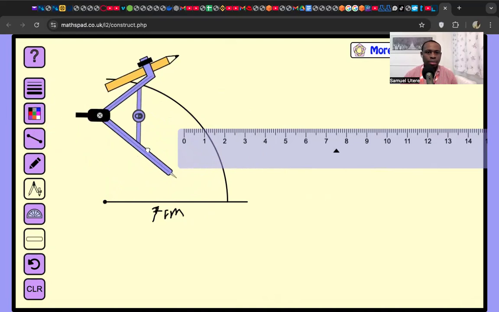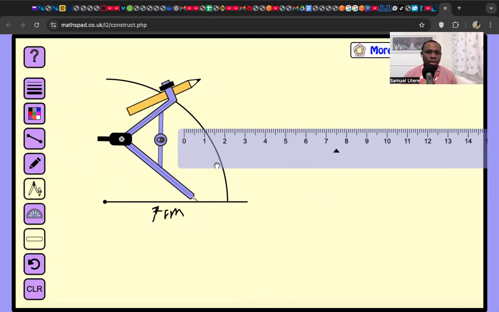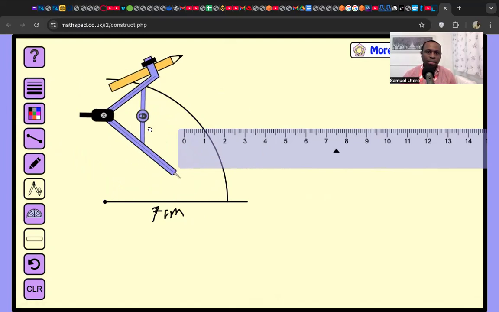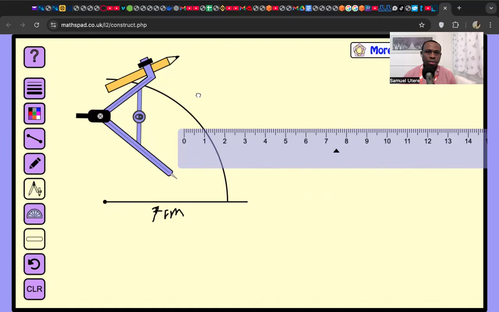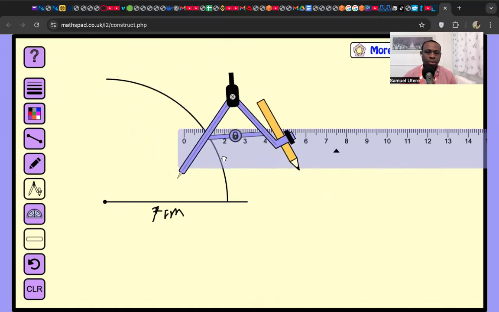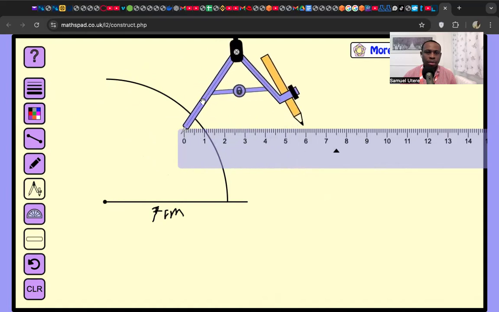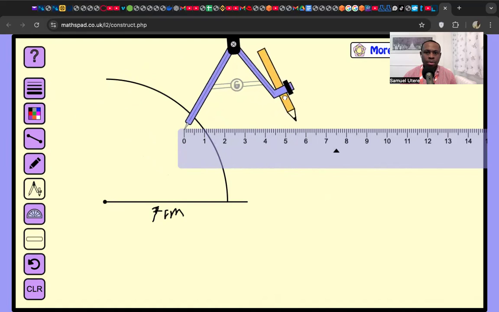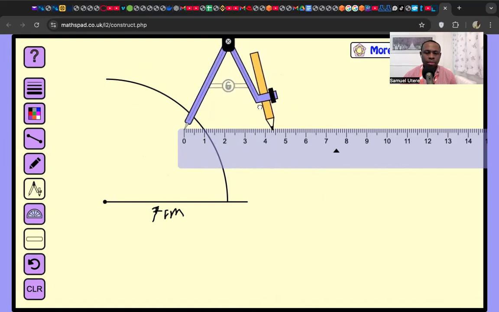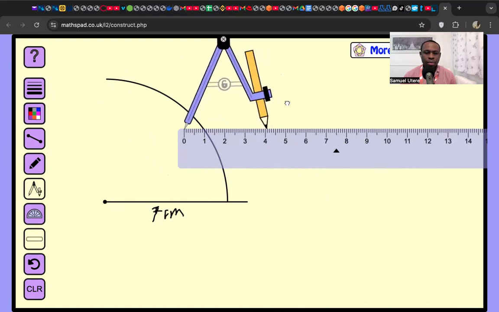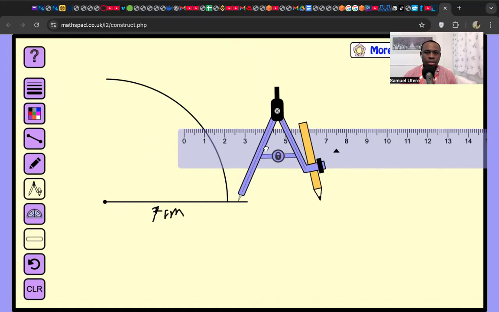Next, we need 4 centimeter. So we'll take our compass. We'll move it to the point there where we want to draw 4 centimeter. We'll unlock that. We want to measure 4 centimeter. So we lock that to make sure it doesn't move. We take our compass, we position it there.